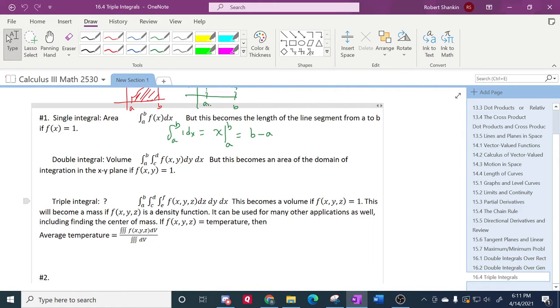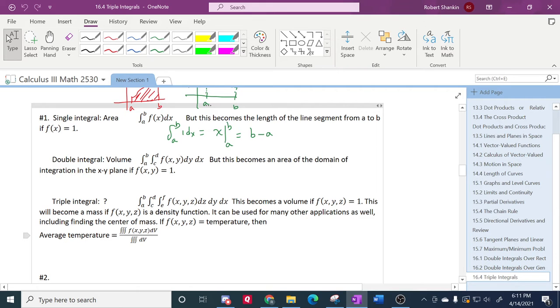All right, and one more is if the function f is temperature, then you are going to see this top function as weighting all the different pieces of the volume by their temperature.